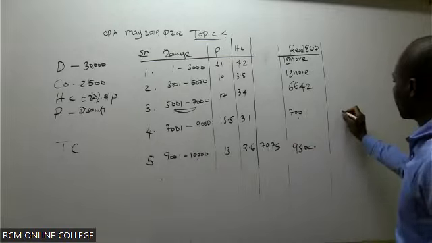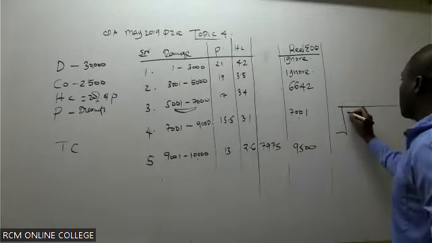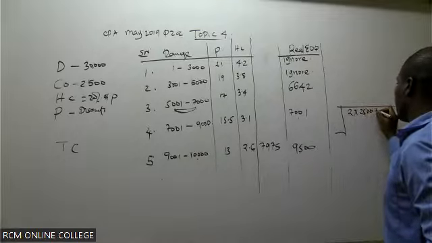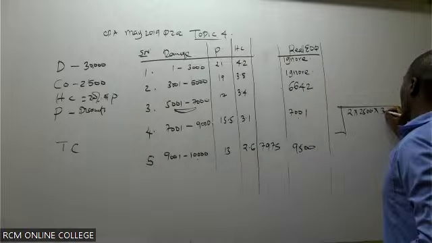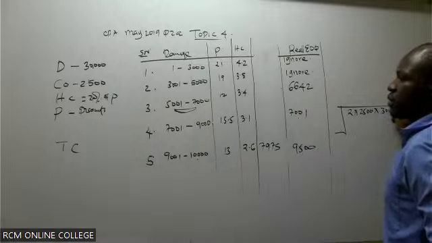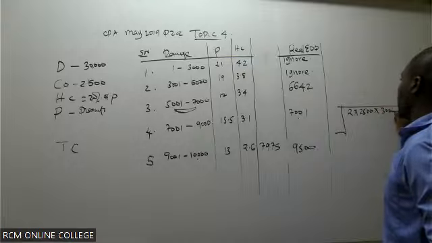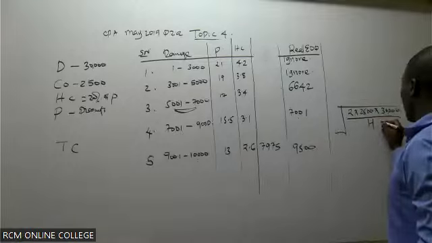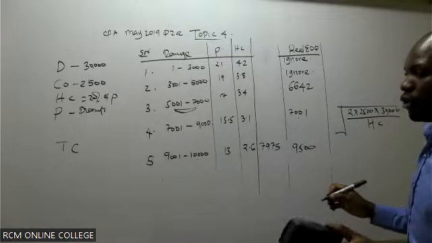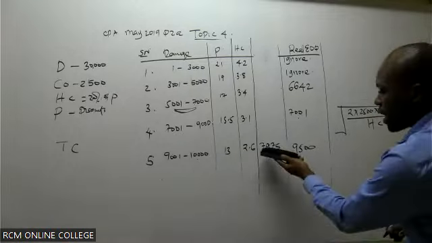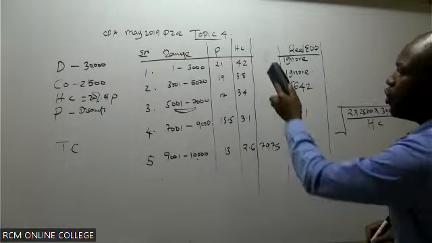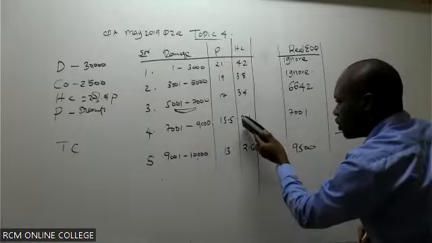You are telling us that economic order quantity is equal to the square root of 2 times demand, which is 2,500, times ordering costs, over holding cost. You are getting economic order quantity. How are you arriving at 79, 75? You are taking holding cost of 2.6, not 3.1.